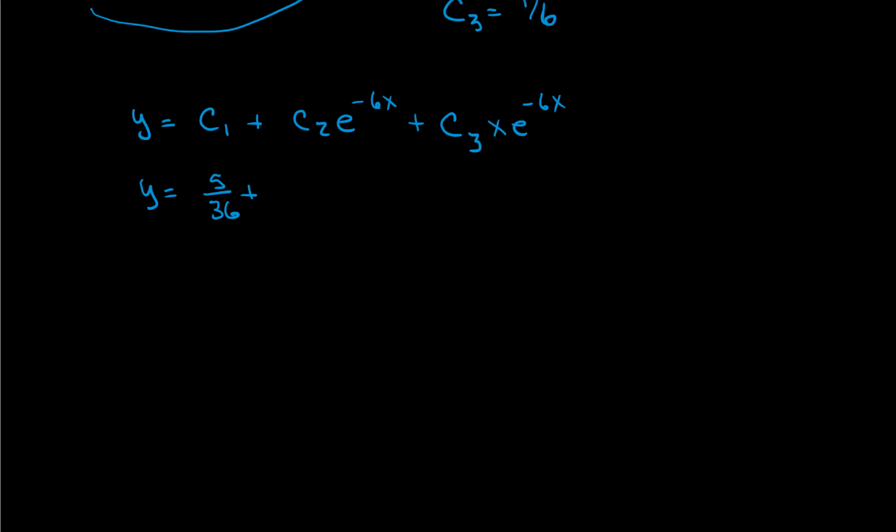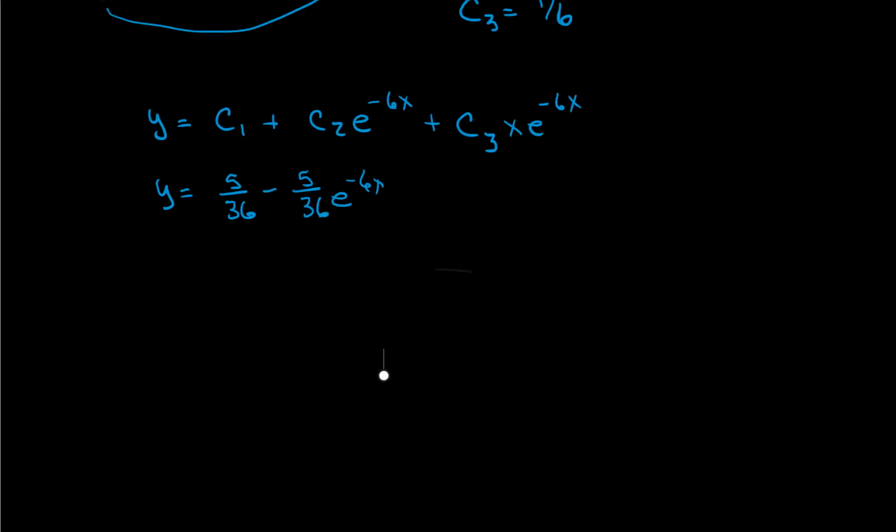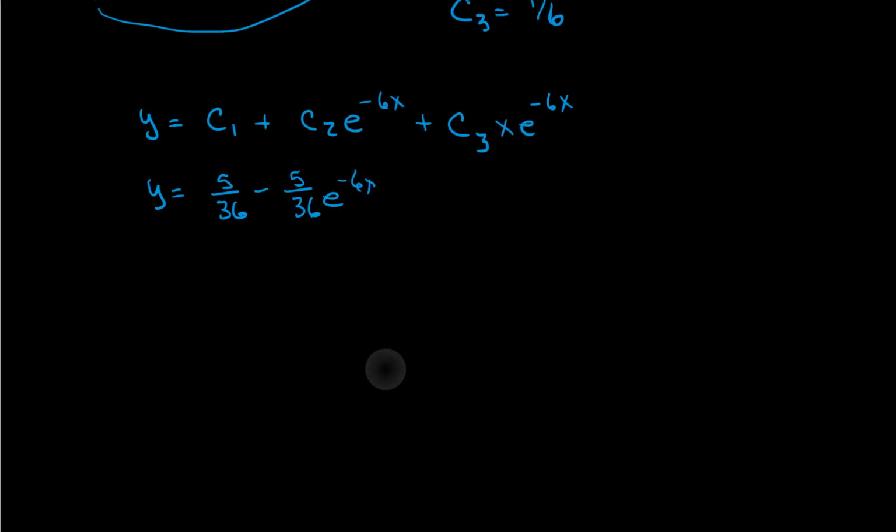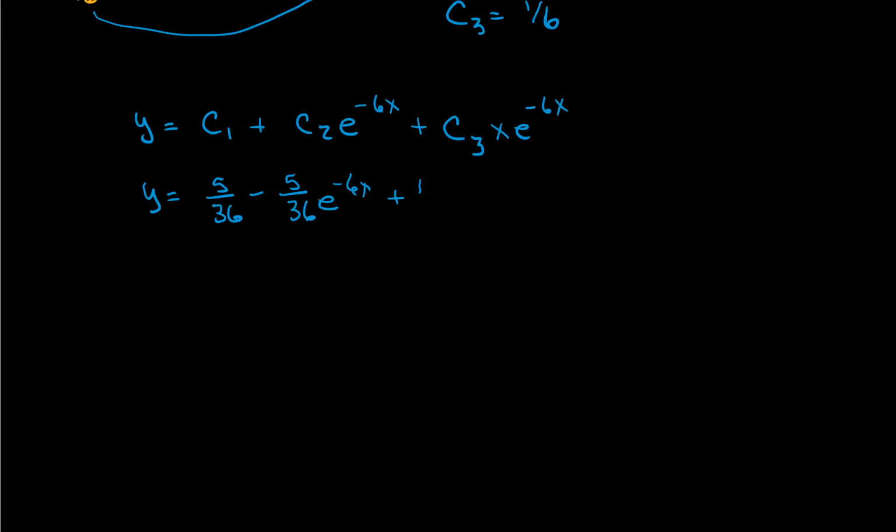My value C2, well, it's going to be plus a minus 5 over 36 e to the negative 6x. Then for my C3, it's a positive 1/6 times x e to the negative 6x.